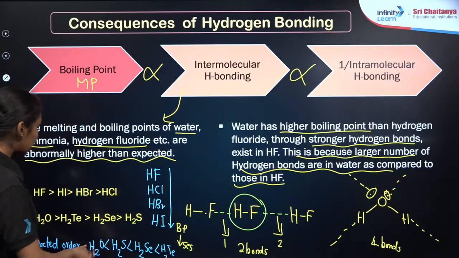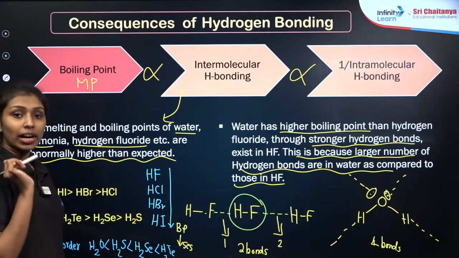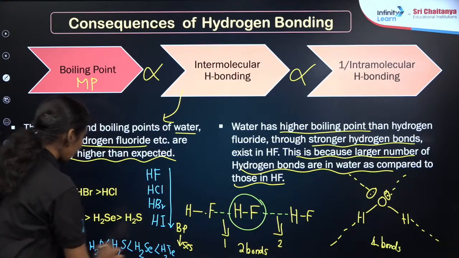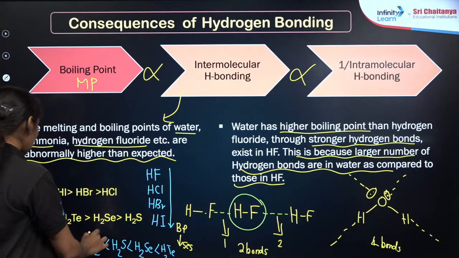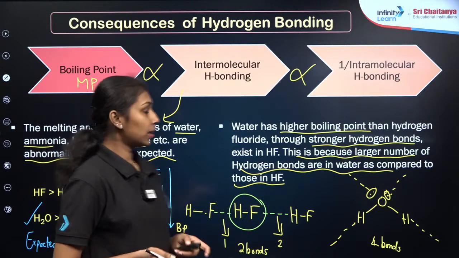But whenever we take the intermolecular hydrogen bonding concept, in the case of the water molecule there will be intermolecular hydrogen bonding. That is why it has the maximum boiling point, as against what we expected. So this will be the correct order. Clear?